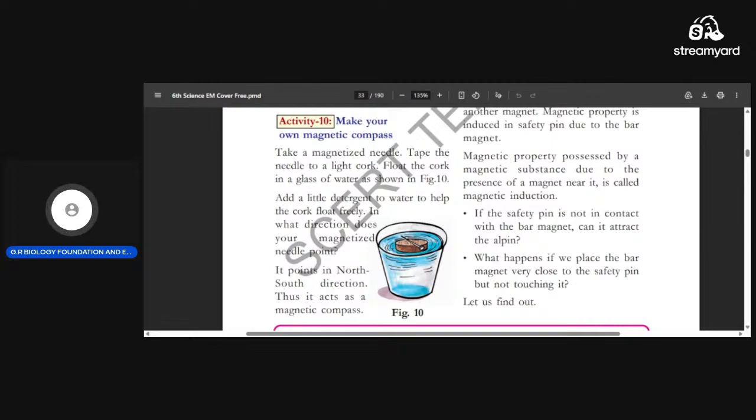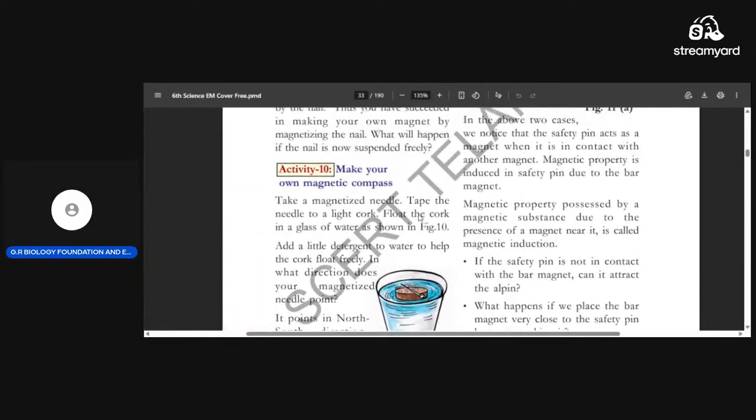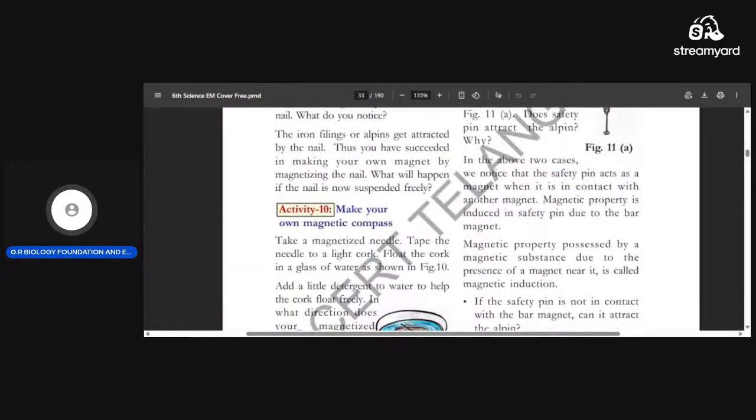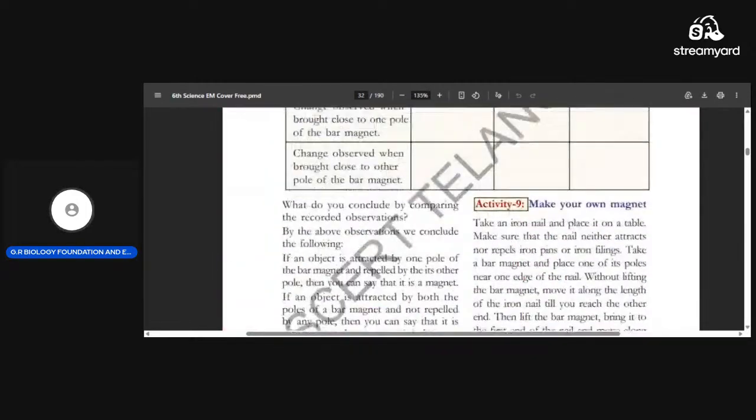After some time, this needle comes to rest in the north-south direction, because this is a magnetized needle. So this bucket of water along with the detergent is acting as a magnetic compass now. By using this, we can find out the direction of your place. Clear? So make your own magnetic compass means 10th activity, and make your own magnet means 9th activity.